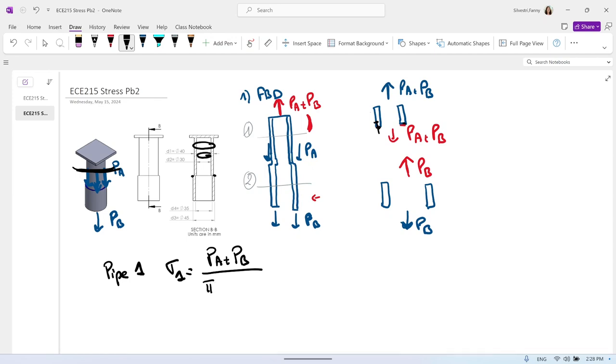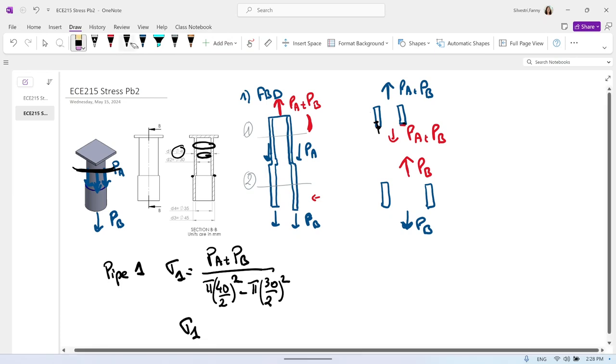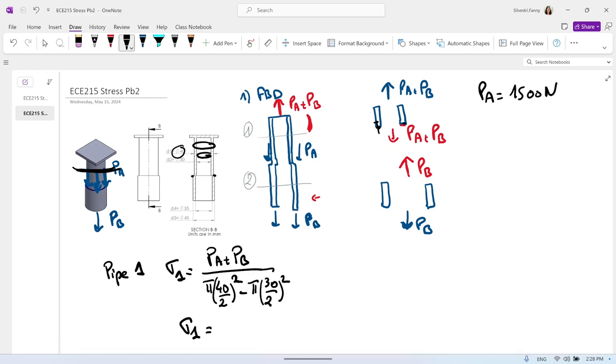So pi times 40 divided by 2 squared, because that's the radius that we need, minus the inside, pi times 3 divided by 2 squared. For our example, we will take PA equal to 1500 Newton and PB equal to 2000 Newton.